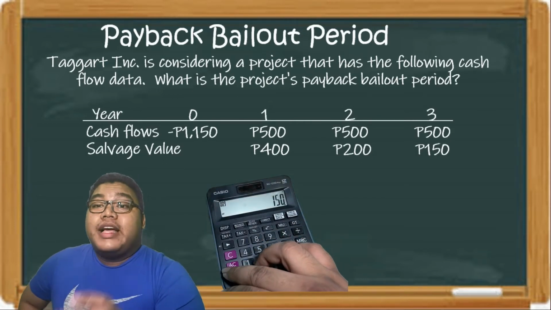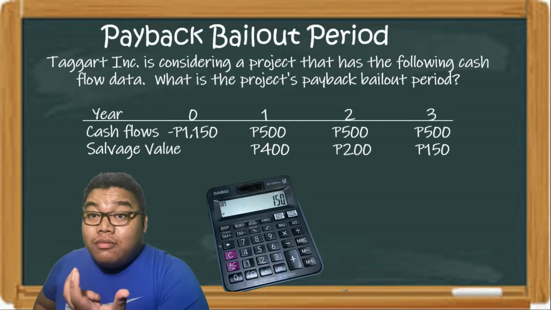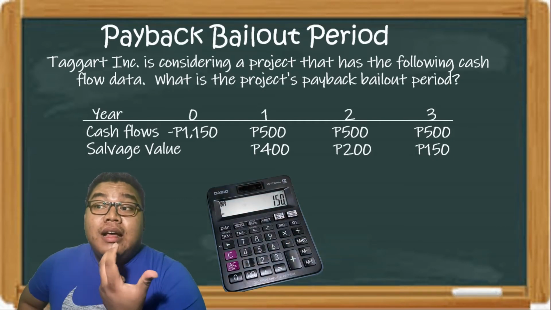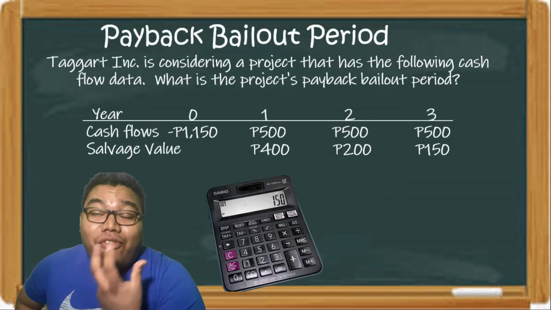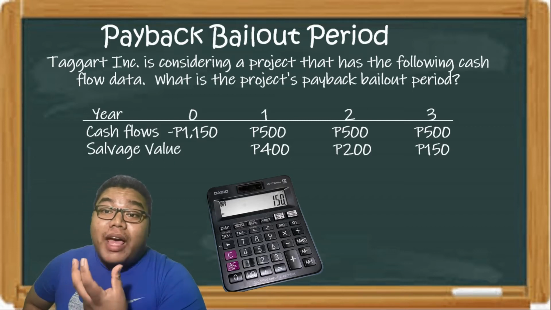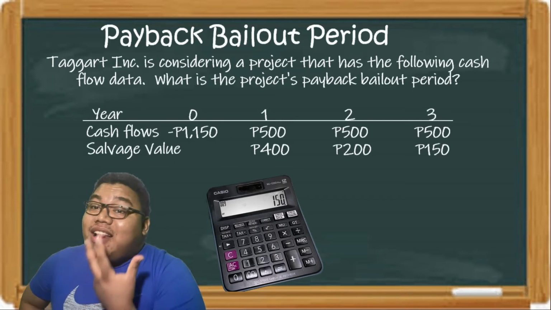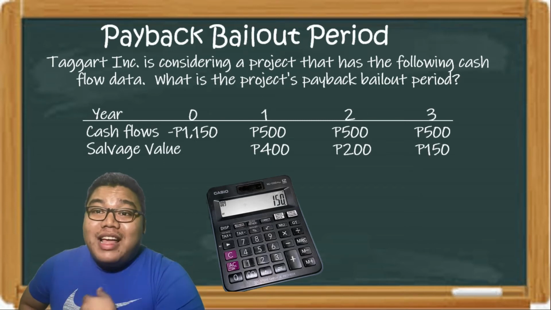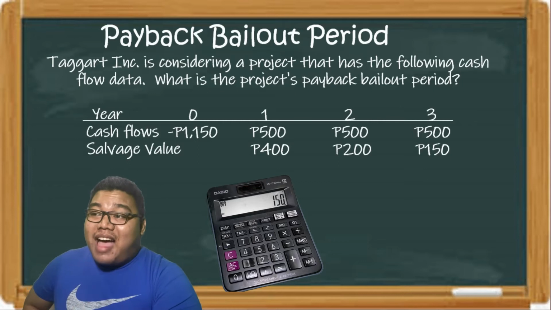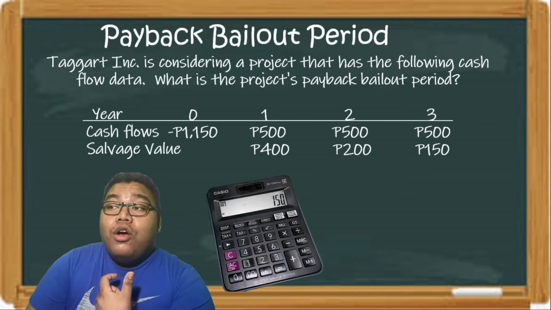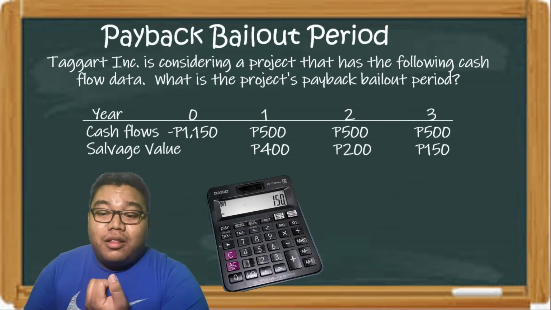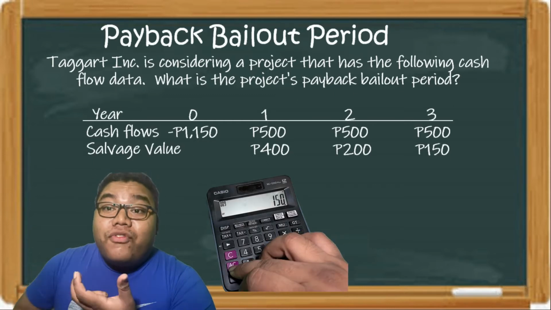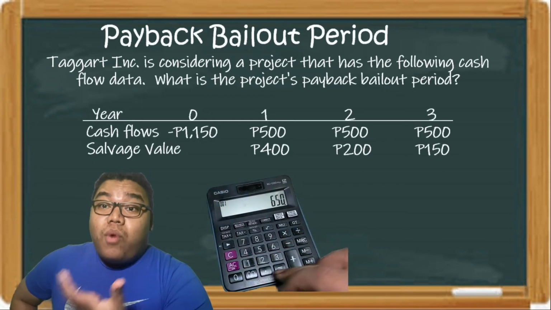Why? Kasi sa loob ng isang taon, you will realize the cash flows, operating cash flows in an investment, assuming evenly. But the salvage value, you will recognize that at a point in time. So how would we compute for the payback bailout period? We now have the 650 remaining from year 1.